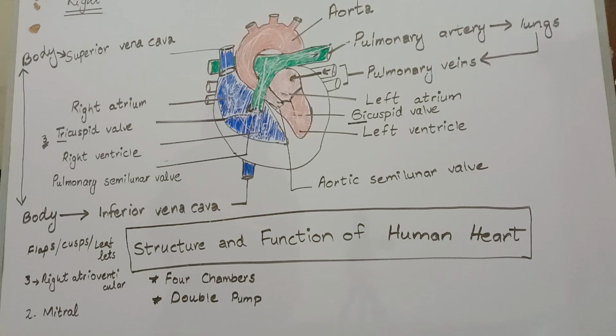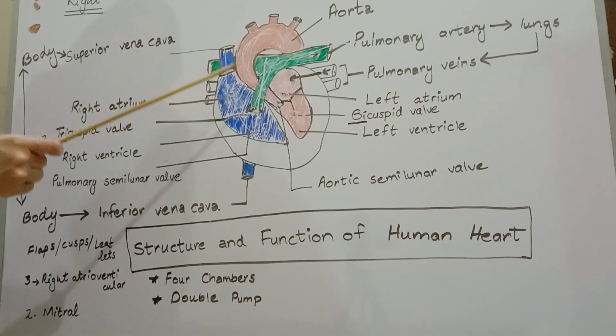Let's talk about the function of the human heart in detail. The human heart receives deoxygenated blood from the body, and it moves towards the right atrium.